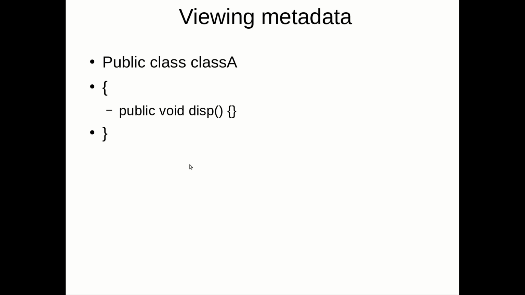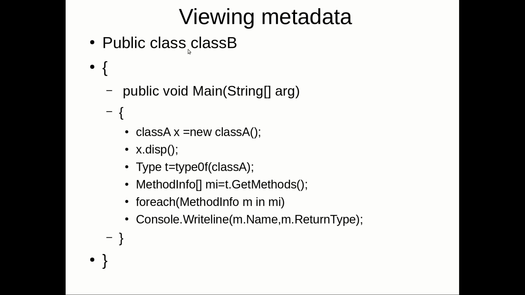Observe the example here. I am defining a class A, and I am having only one method, a display method, right? I just want to access the information about this particular class. How do you do that? Declare another class, with a Main method or any other method.